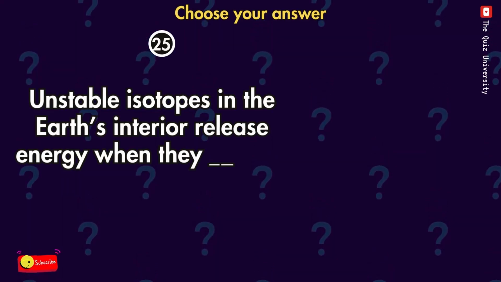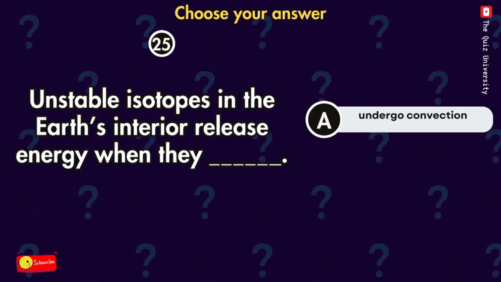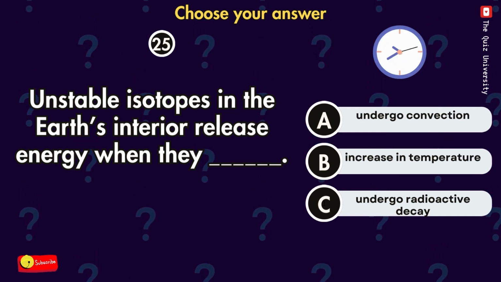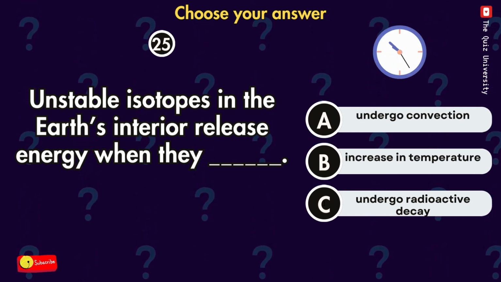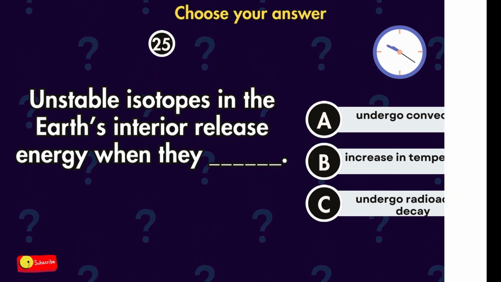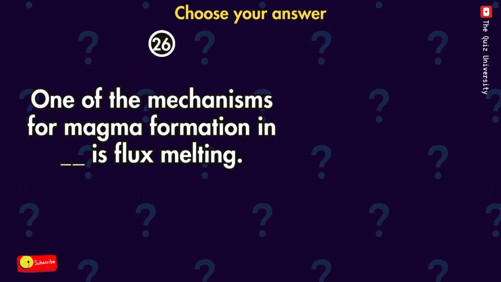Unstable isotopes in the Earth's interior release energy when they what? One of the mechanisms for magma formation in blank is flux melting.